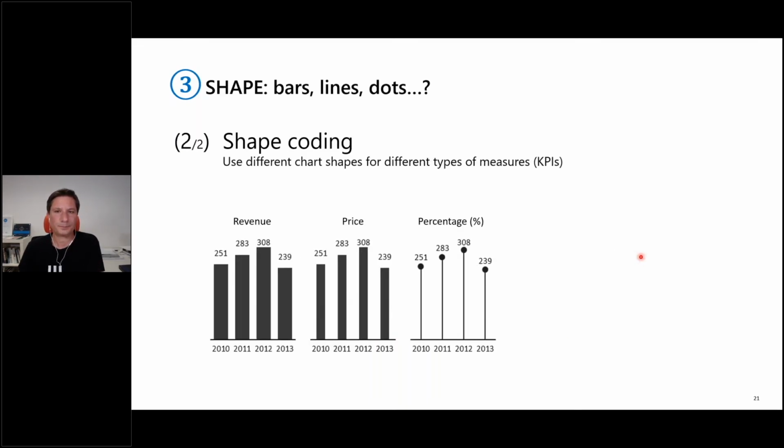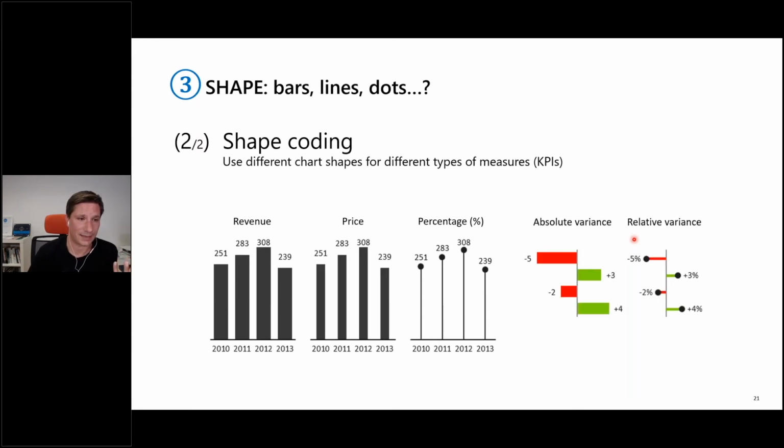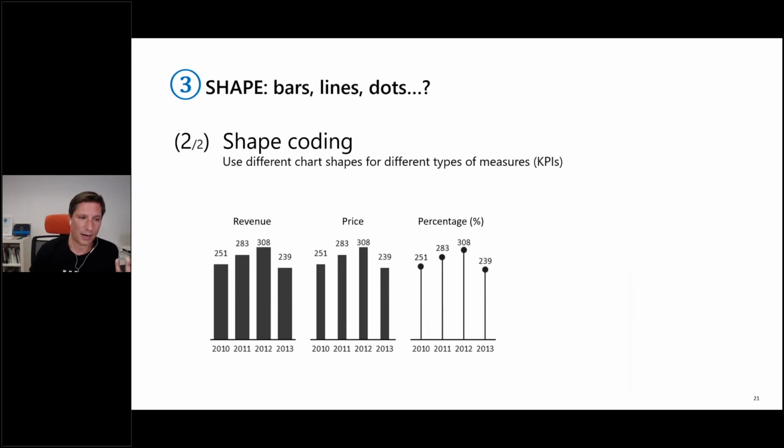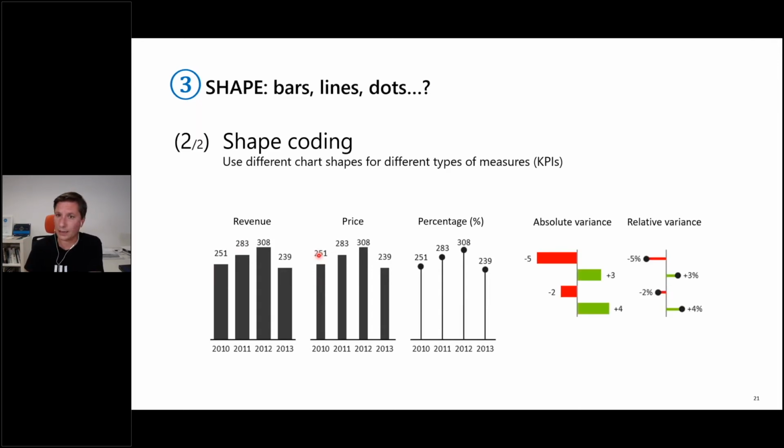Or as you may have noticed here, you can also choose certain shapes of your charts for certain KPIs. For example, you can use bars always for revenue, and then the lollipop charts, the dots, for some percentages. So people immediately, when they see one shape, will understand, all right, I'm looking at percentages, or I'm looking at revenue in millions or something like that. For price, you can have more narrow columns and so on.